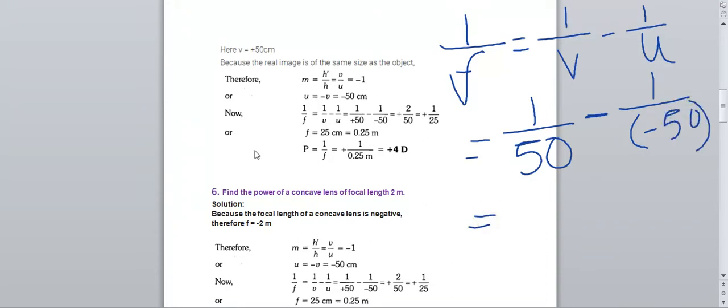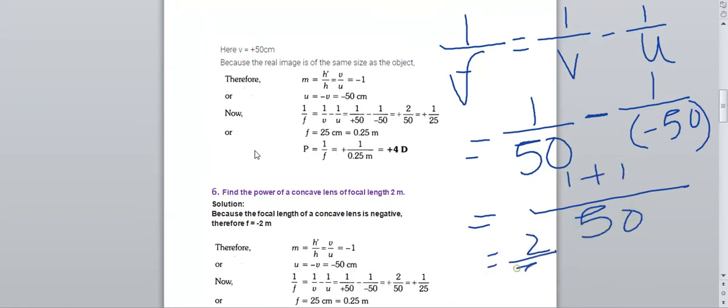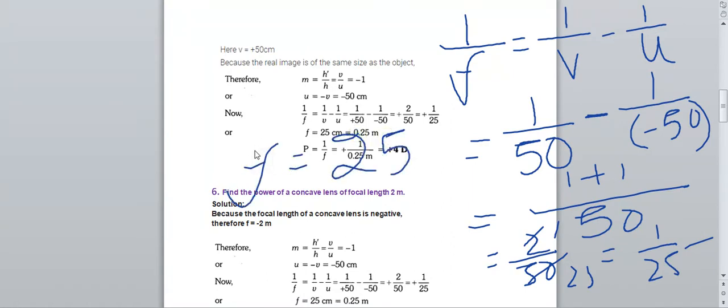Minus minus will become plus. So 50 we take as LCM, 1 plus 1, that is 2 by 50. So 1 by 25 you will get. 1 by 25 is the focal length. So f is equal to 25 centimeters.